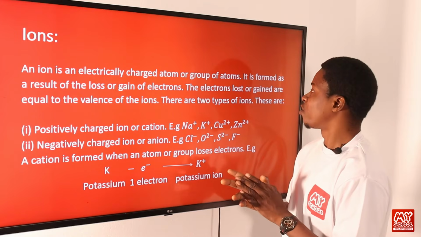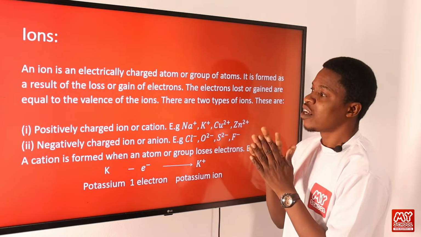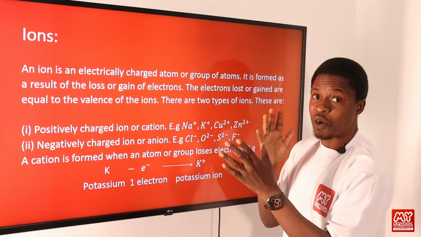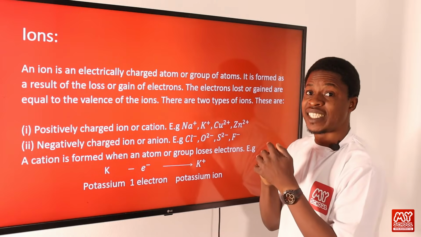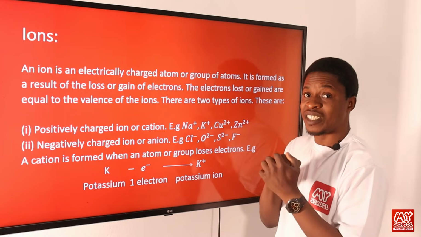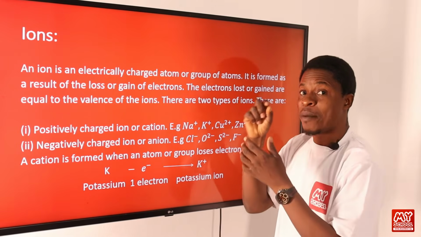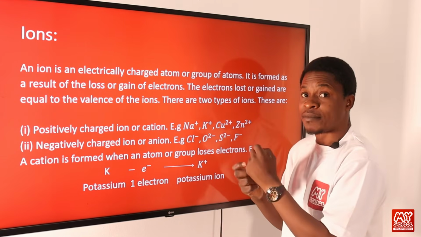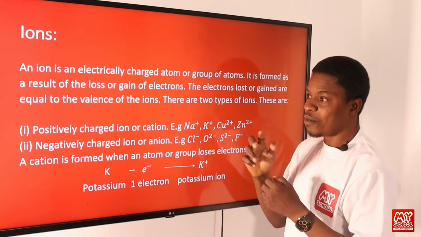The electrons lost or gained are equal to the valence of the ions. The amount of electrons that is lost is usually equal to the valency. That's why when we are writing the ionic state of Na, we say it is Na plus. So that's plus 1. That means it is just 1 electron that is given off, that is lost, to become that.